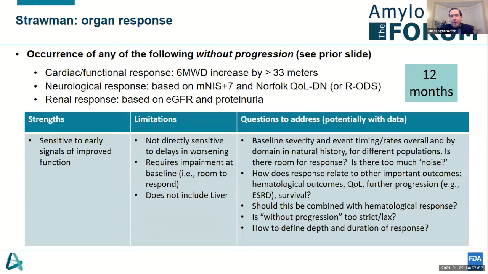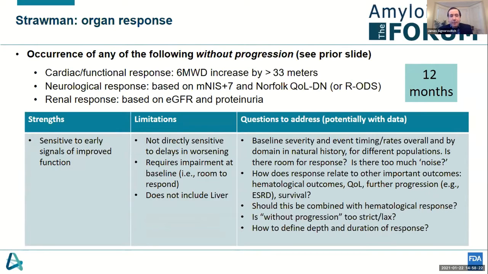So another straw man we considered is for organ response. Similarly, we would combine these domains and have some logic for what constitutes an organ response. For example, improvement in any of them without worsening in any. But again, that logic would have to be worked out and ultimately tested against data.